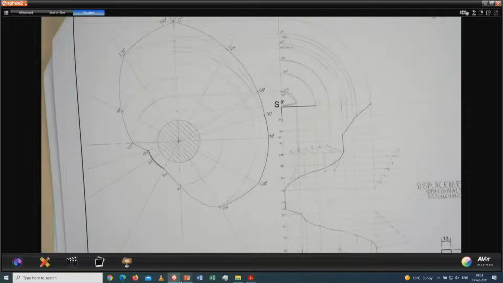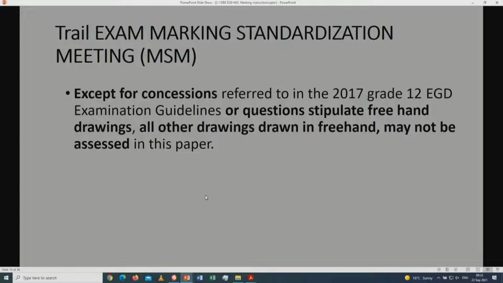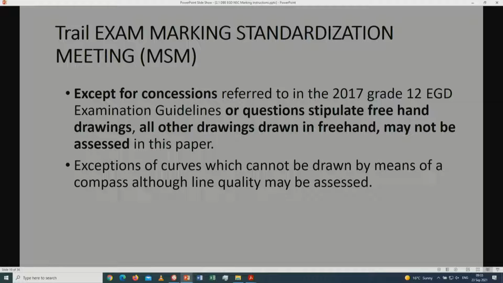All right, so that is basically the freehand areas that you can get on a paper like paper 2, and then of course paper 1, it will be the hatching of the substructure. All right, exceptions are curves which cannot be drawn by a compass, like for instance in the case of perspective drawing, like in the cases of cam drawings, and also with mechanisms, that can be done freehand.